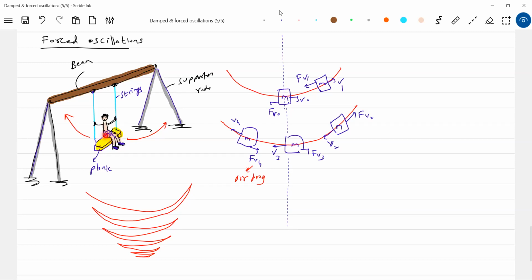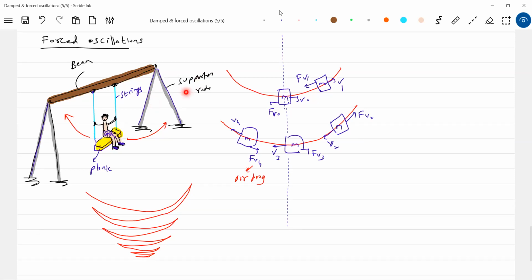So do one thing: on this plank, keep a block or something which will not slip. Then give a small push here. It will oscillate. Continuously push it. If you rigorously start pushing, at one instant, as the swing goes up till here, the objects you kept may fall.